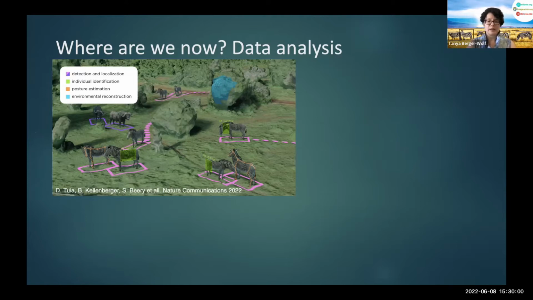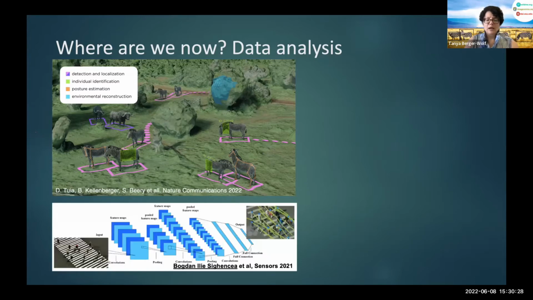And then the kind of tasks that are now possible in the wild from even the images that we have, everything from very fine grain pose estimation, down to ears forward, without even a lot of tagging, de novo, to species classification, individual ID, environmental reconstruction, and so on.